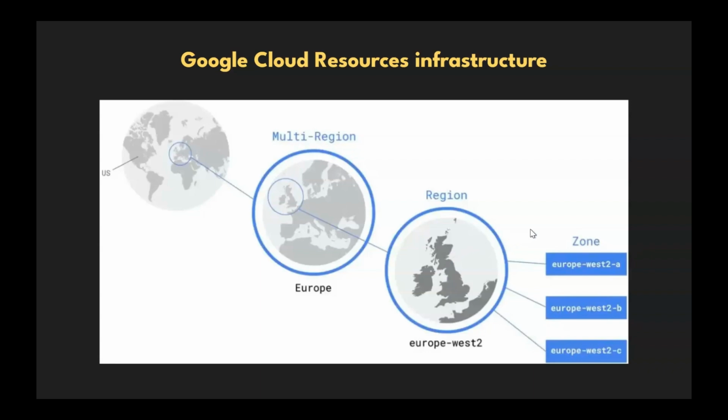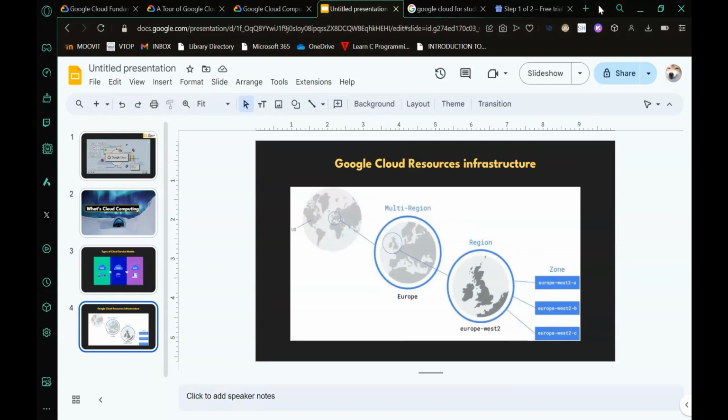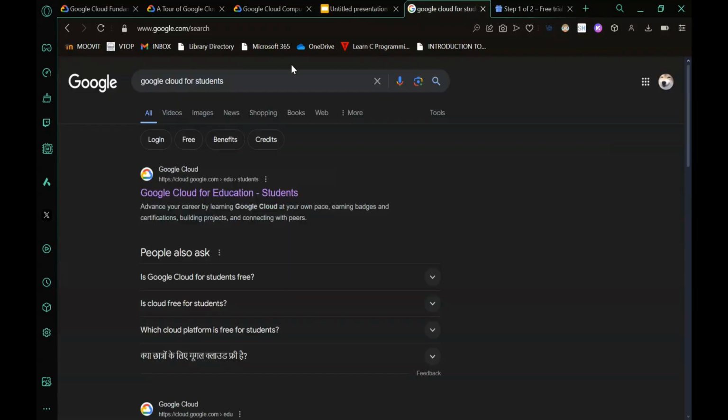By now, you must have a clear understanding of the resource distribution of Google Cloud. Before we continue, I want you to have hands-on experience of the Cloud Console. So we'll be making a new account to access the Google Cloud Console. Just search on Google for Google Cloud for Students, and click on the first link.